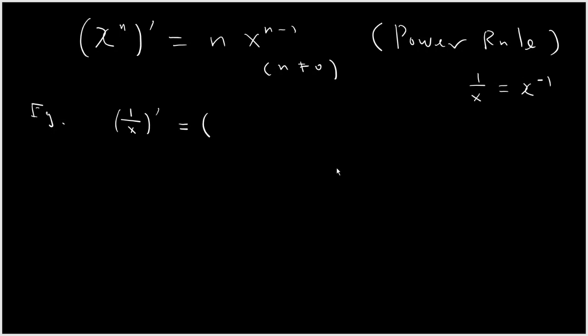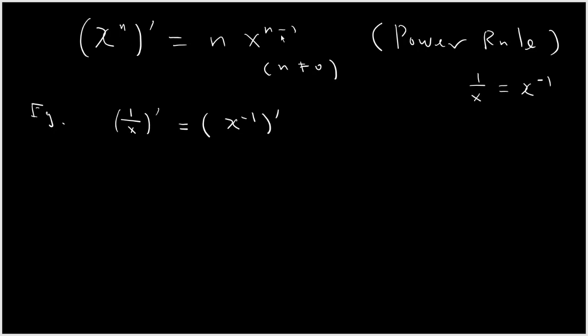The inside part, 1 over x, is essentially x to the power of -1. We take the derivative of that, and now we can use the power rule. This is a particular case where the n value is equal to -1.